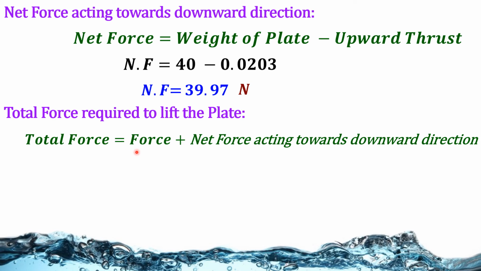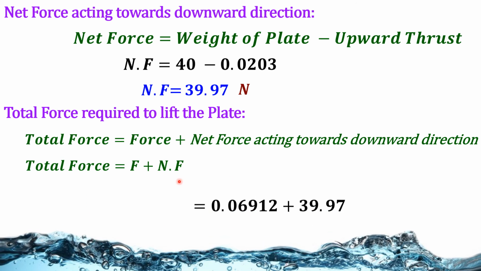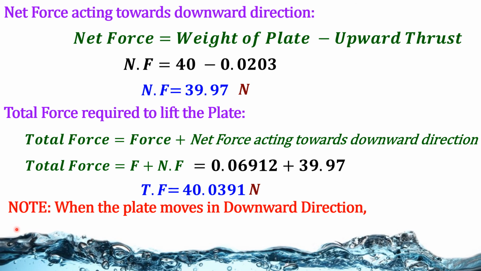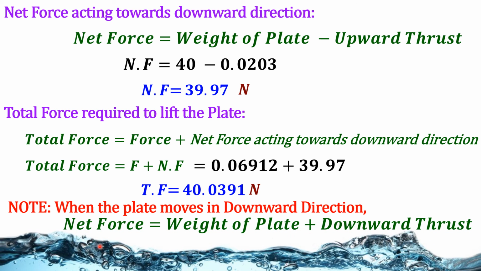Total force is equal to drag force plus net force acting in the downward direction. We have calculated the drag force as 0.06912 and the net force as 39.97. Substituting here, we get the total force as 40.0391 Newton.